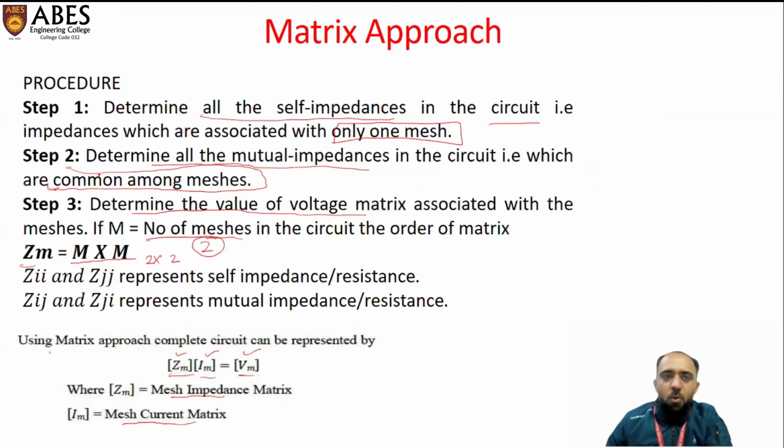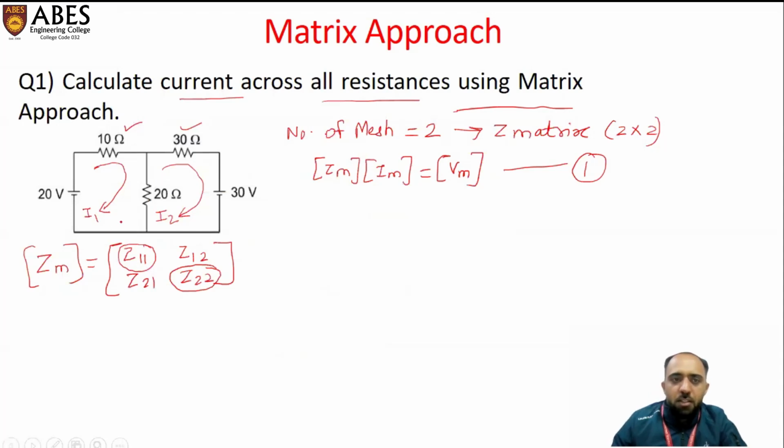We discussed just now the meaning of self impedance: the impedance coming in that particular mesh, and mutual impedance means common. You need to know the word common and remember that word.